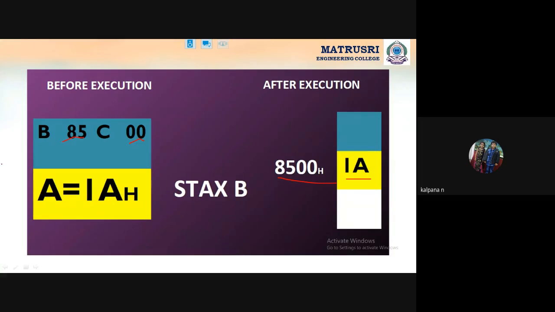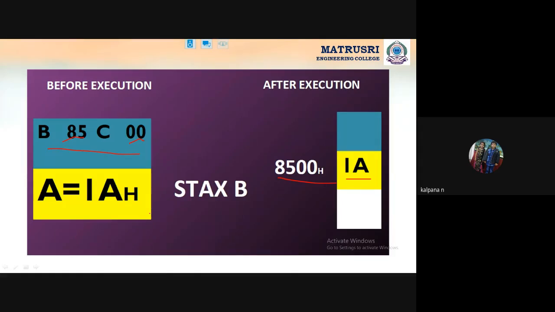The accumulator is having 1A. So this 1A, where do we need to move? To the address location 8500. We are moving the accumulator's data 1A to that address location. Here the register pair consists of the address location, the memory location, not the data. Indirectly we are moving. Clear?